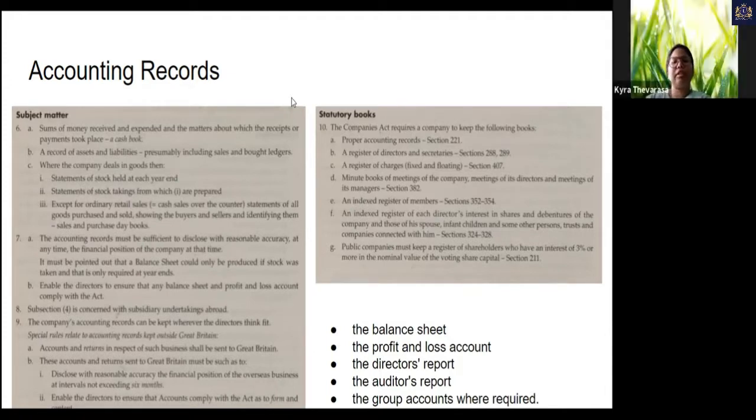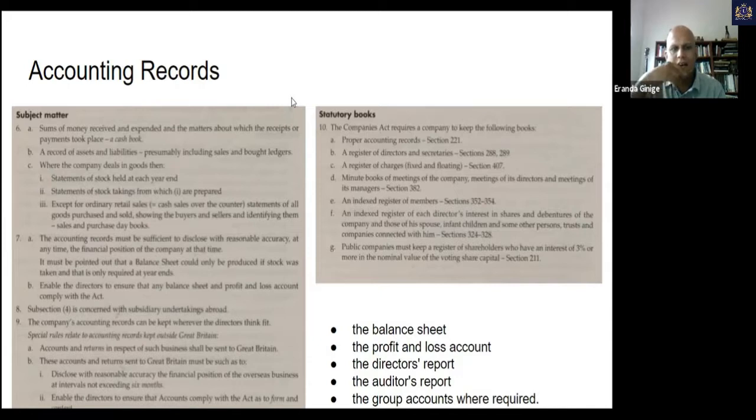So I just copied this content because these are the critical or the main matter that the auditors are looking at, right? They will look at the cash book, right? How the money is received and how the money is expended, and a record of assets and liabilities. So companies keep a record of their assets and liabilities.